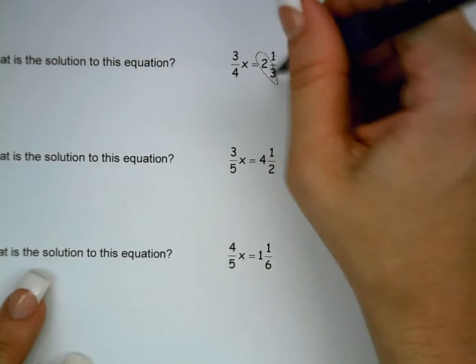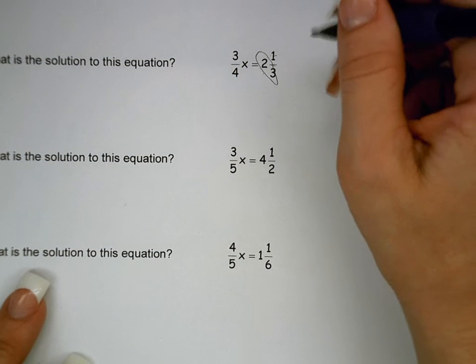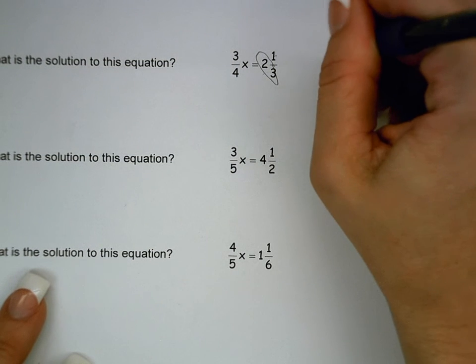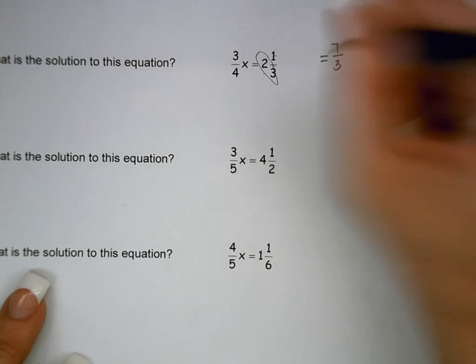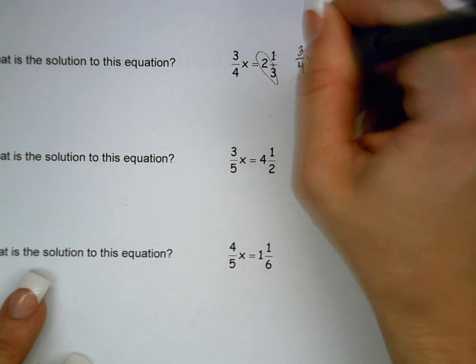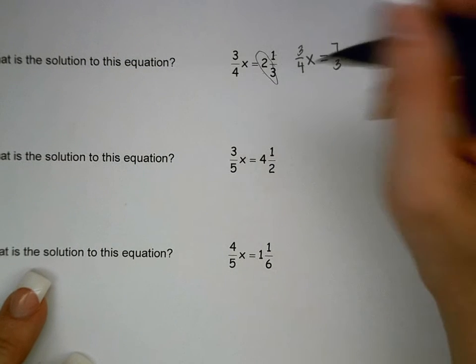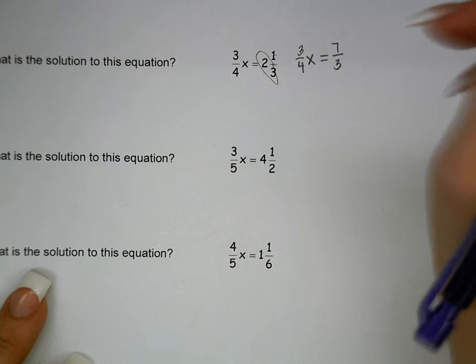So 2 times 3 gives you what? 6 plus 1 is 7. So I'm going to rewrite this as 7 over 3. I'm just going to rewrite my whole problem. So 3/4 x equals 7/3. From there, how do you get rid of something attached to a fraction?